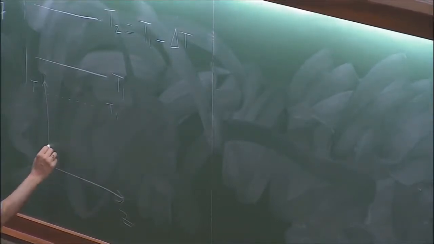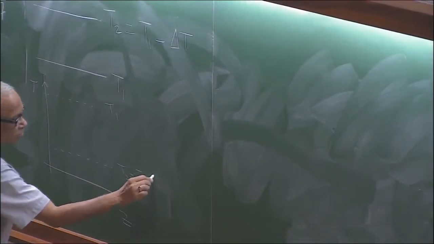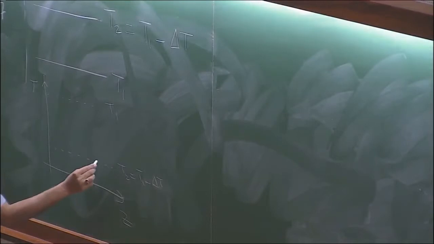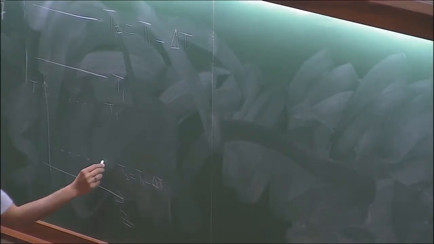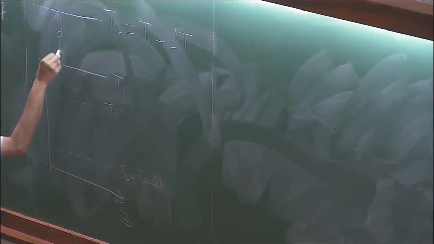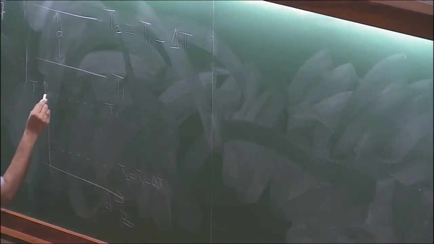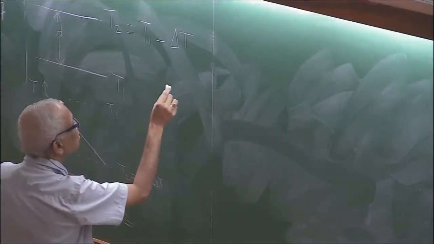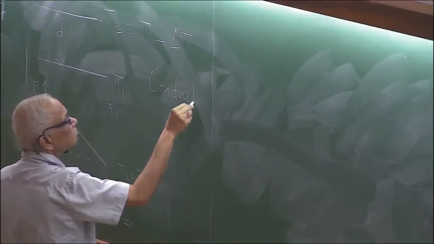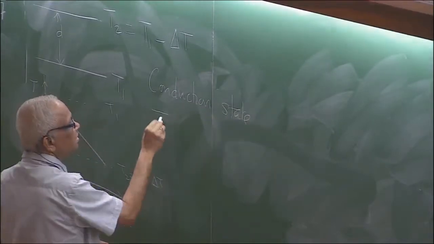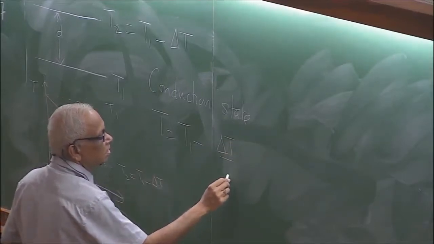Things start at T1, things finish at T2 equal to T1 minus delta T. It starts at 0, ends at Z equal to D, and the profile initially is something which Mahendra Verma has talked about, and Richard has talked about, the conduction state, and T is equal to T1 minus delta T over D times Z. So there we are, a linear profile.